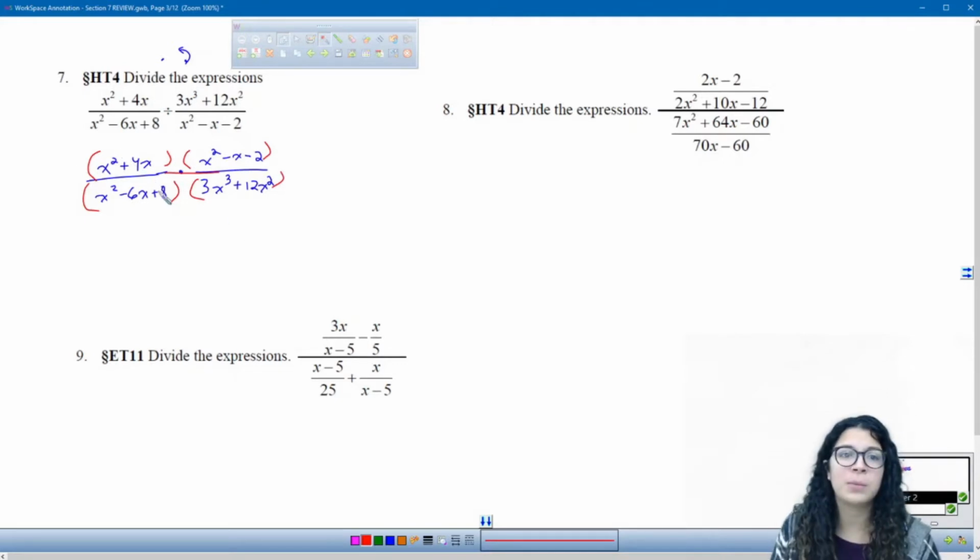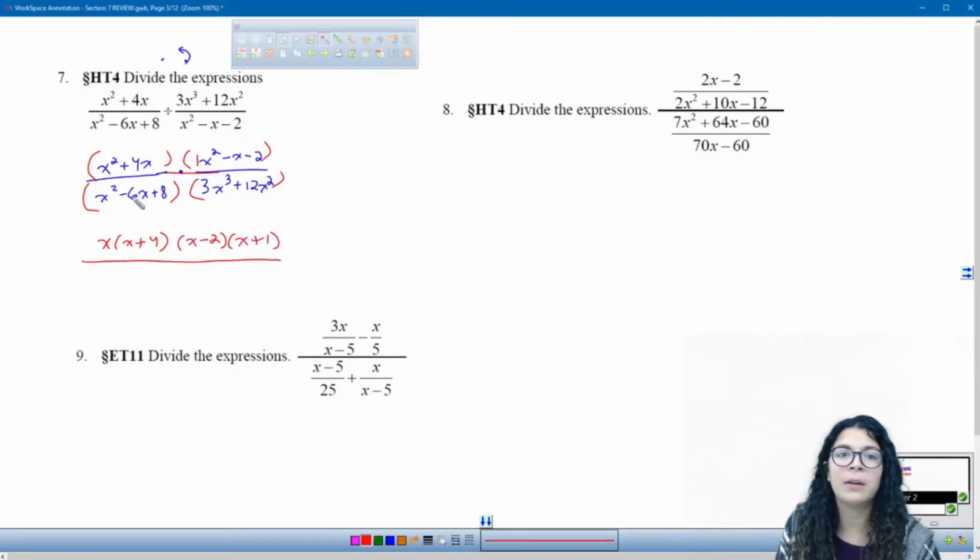So you really just have one full fraction. Factor the different pieces. We could factor out x from both of these, which will give me x plus 4. Remember, factoring out is division, right? And then to factor this trinomial, we multiply to negative 2 and add to negative 1, so negative 2 and 1, because we have to add to negative 1. So x minus 2 times x plus 1.